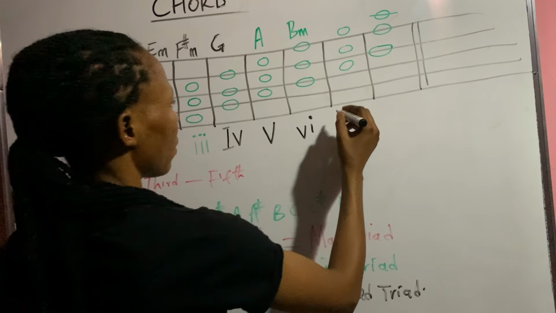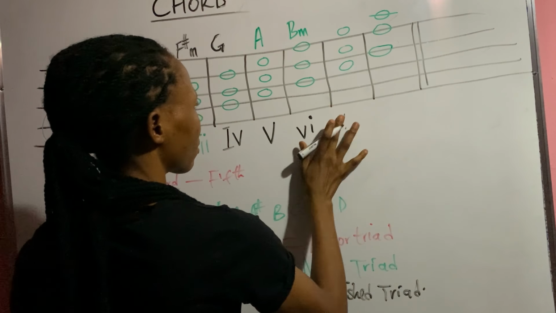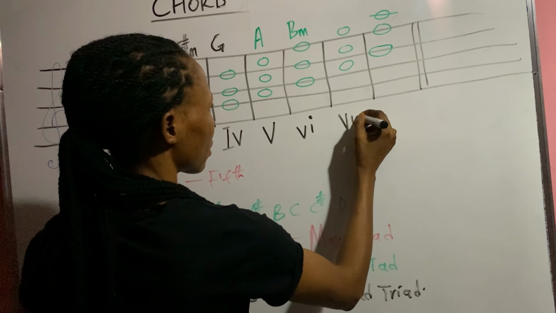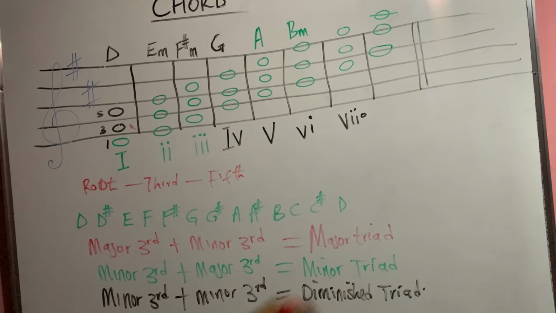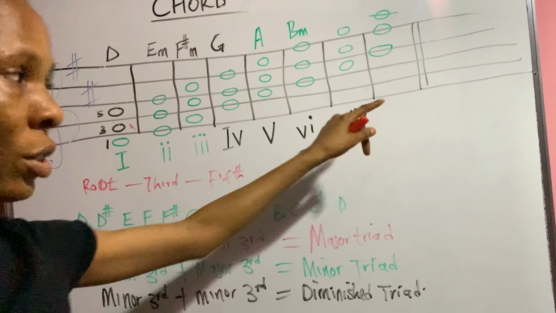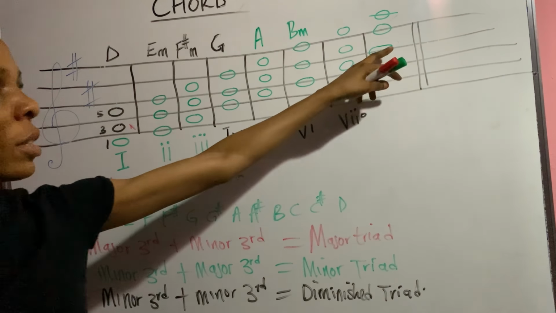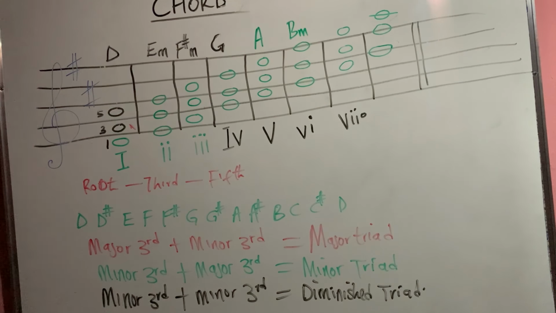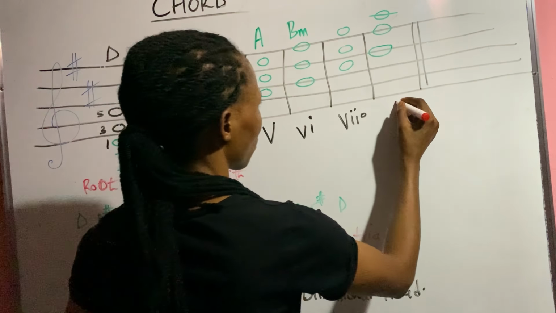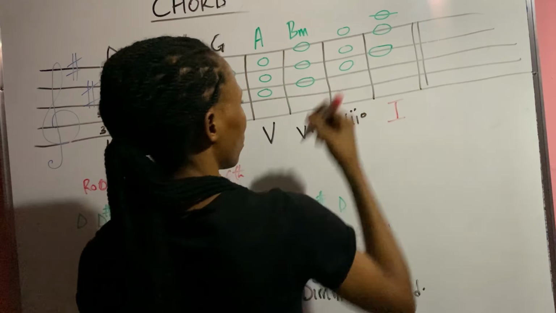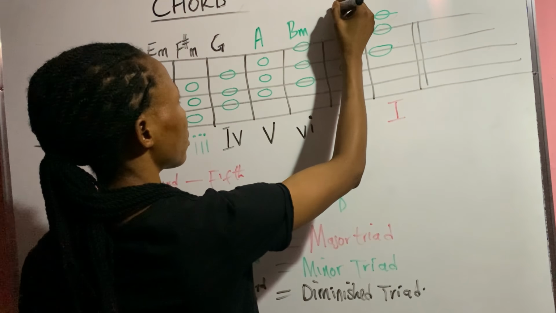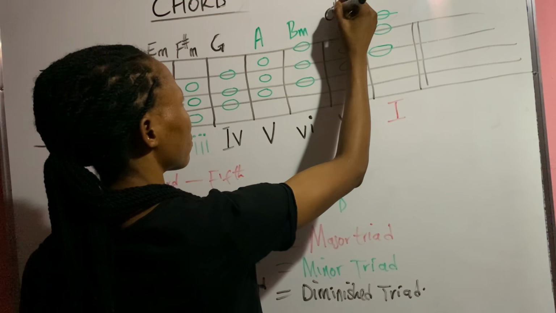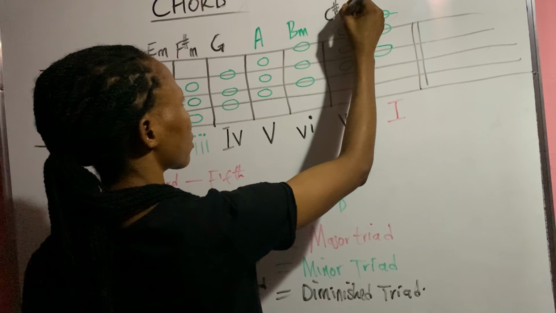So this chord is small letter with a degree sign. This degree signifies diminished. And this is back to chord 1 in the octave. So in other words, this chord is called C sharp diminished.